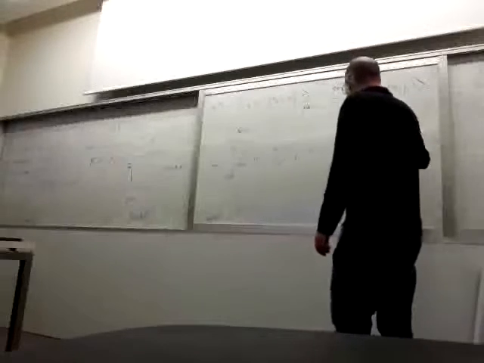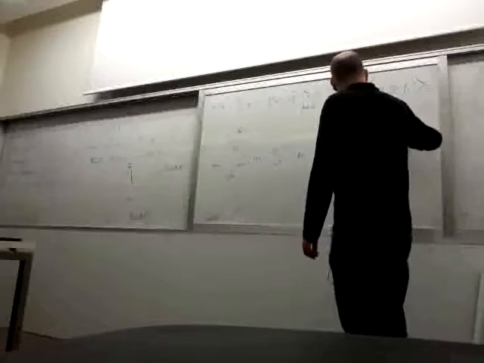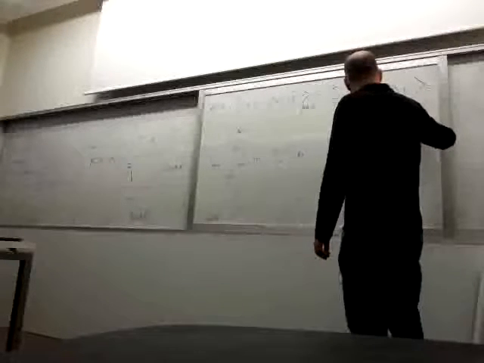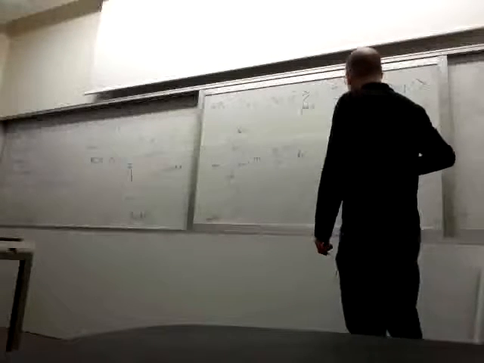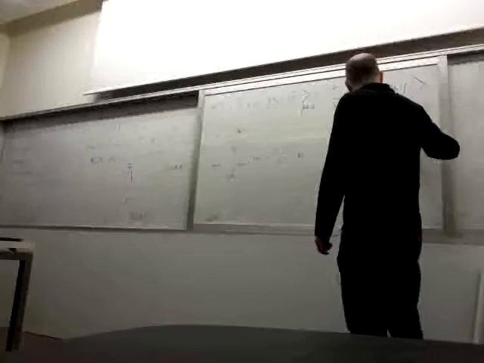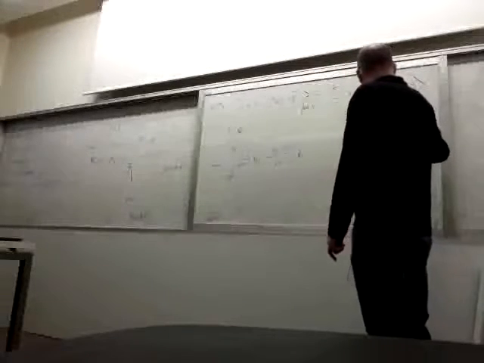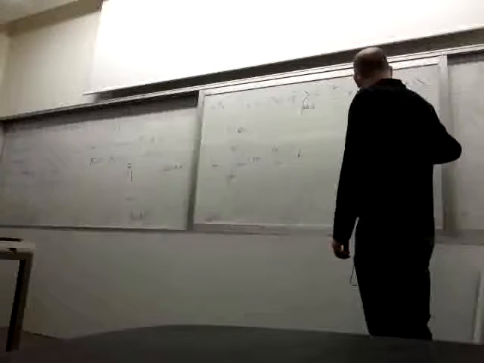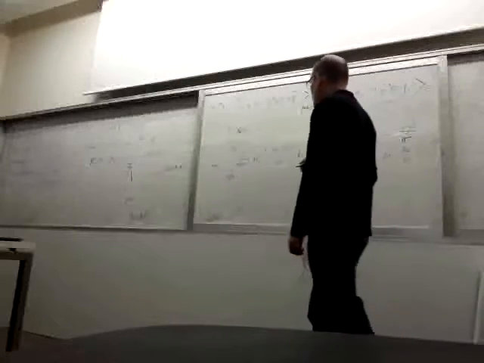We can define a variable, let's call it u, which will be (x minus mu1) divided by sigma. Okay? So du is dx over sigma, right?